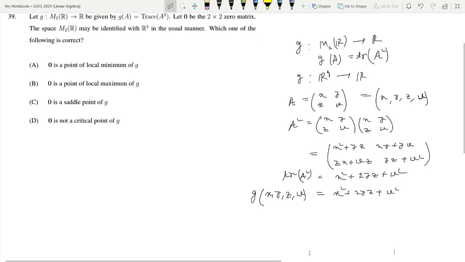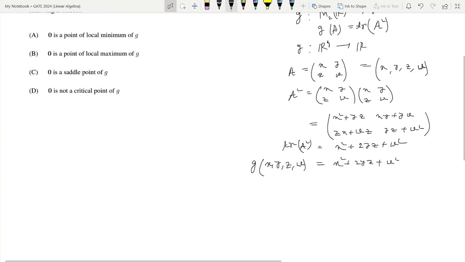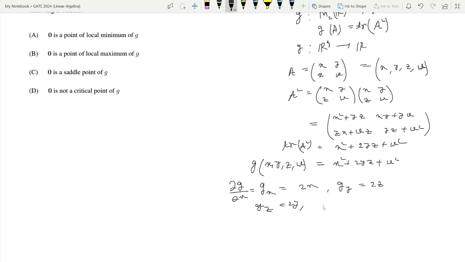Now to find the critical point of G, we need to calculate the partial derivatives: del G del x equals 2x, Gy equals 2z, Gz equals 2y, and Gw equals 2w.